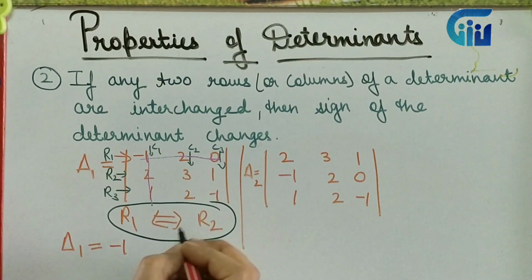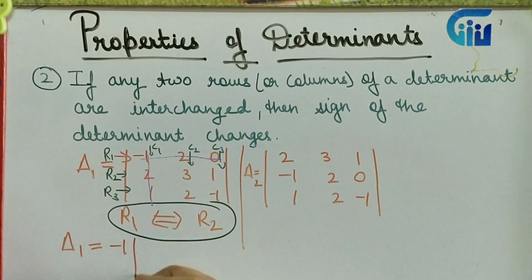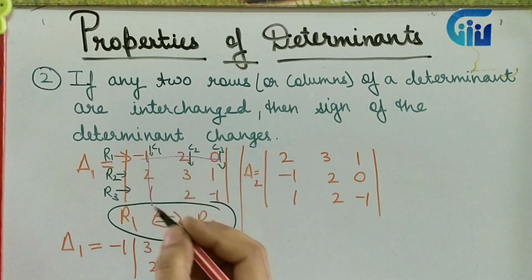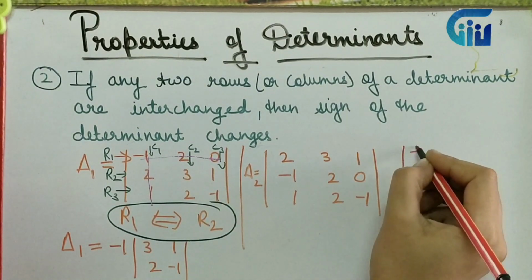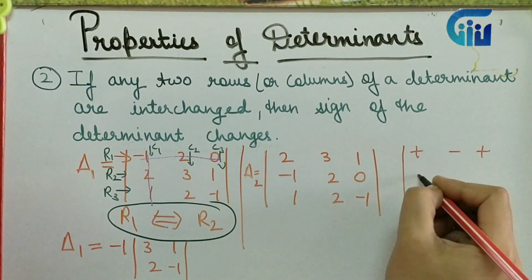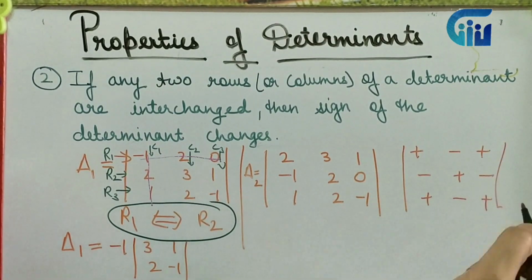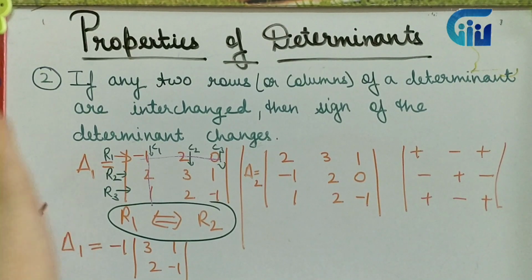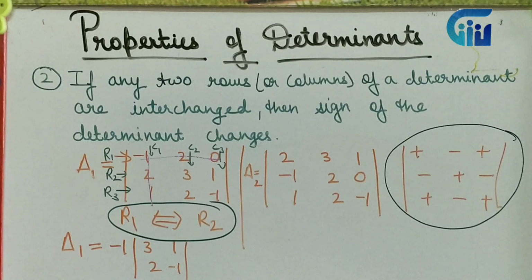So this will be reduced to a 2 cross 2 determinant. So I'll cross multiply. I'll simply write it like this. For the second one, we'll follow the sign rule. What was the sign rule? The first is plus, the second is minus, plus, minus, plus, minus, plus, minus, plus. This is the very important sign notation which everybody has to keep in mind.